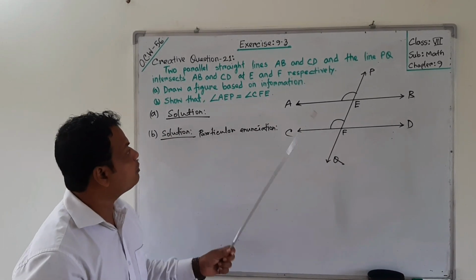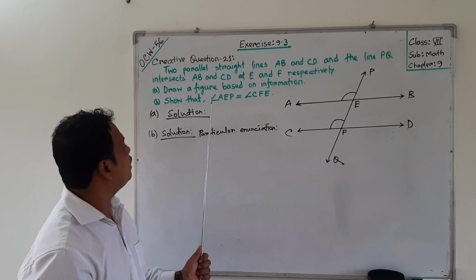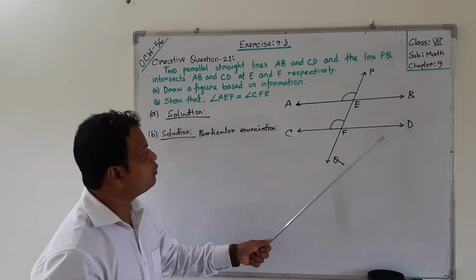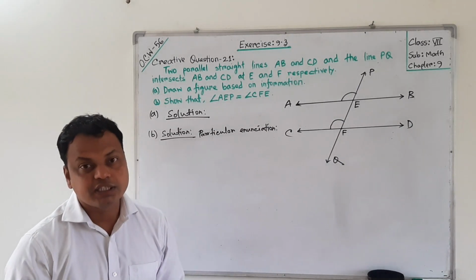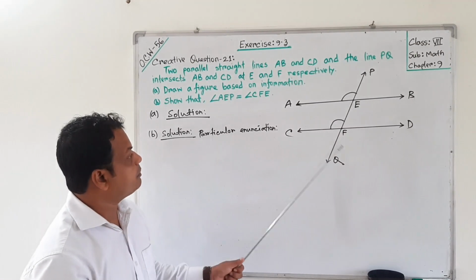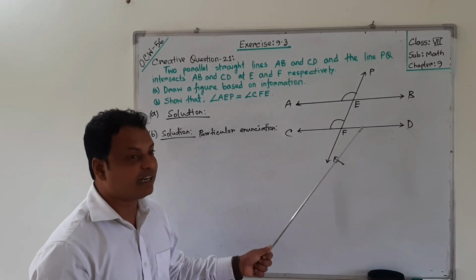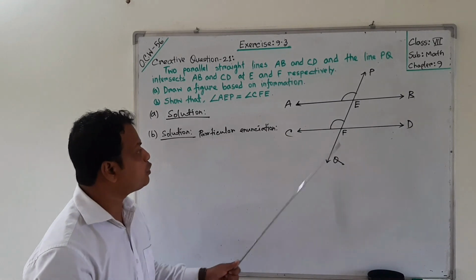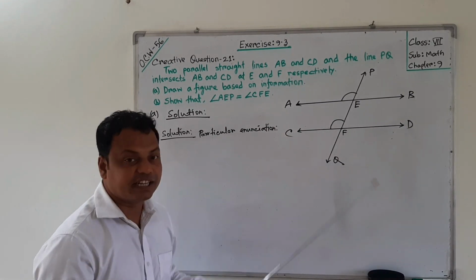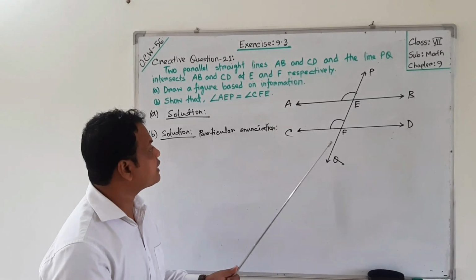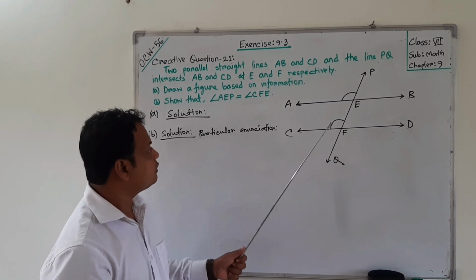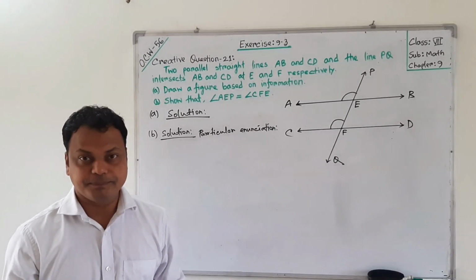That means for showing this, we need the same figure. As we have got this figure in A and it's the same figure, there is no need to draw the figure again. But if anyone wants to draw, you can.